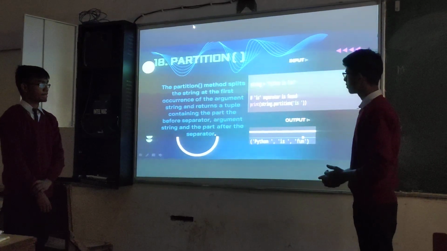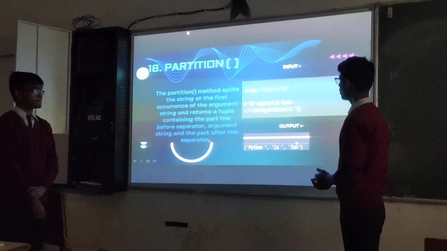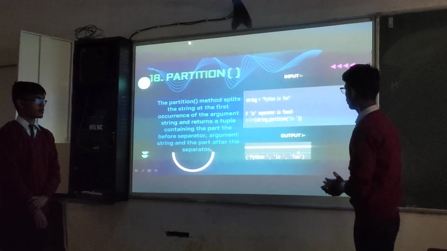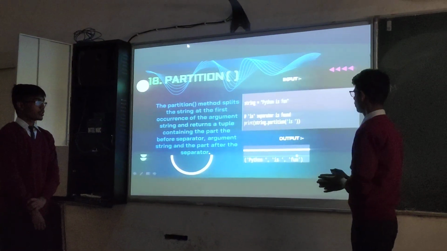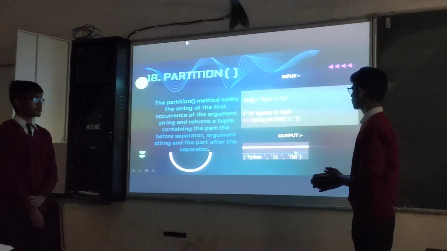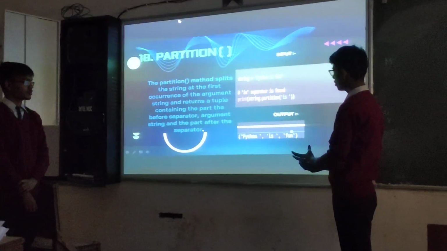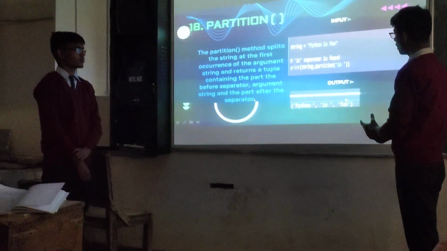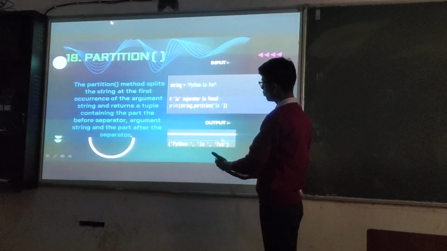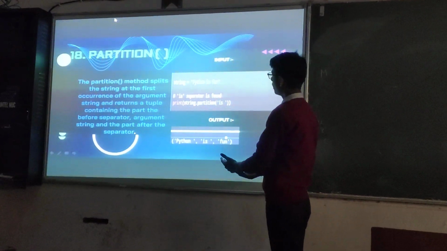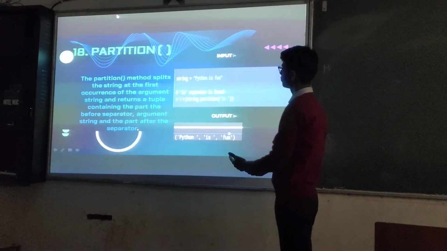Then we will give the command print(string.partition('is')). It will give the output Python, then is, and fun. Here we can see that Python is occurring before is and fun is after.